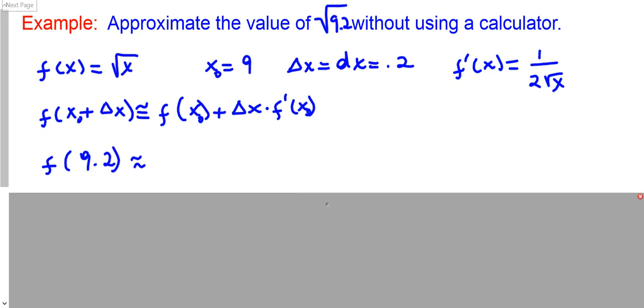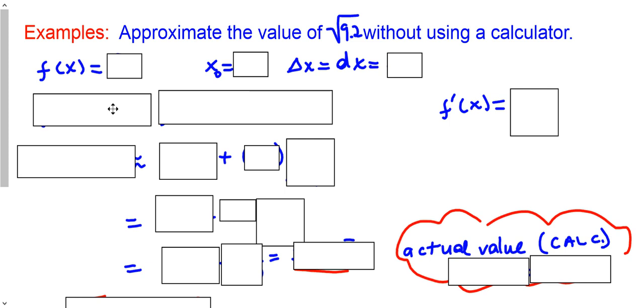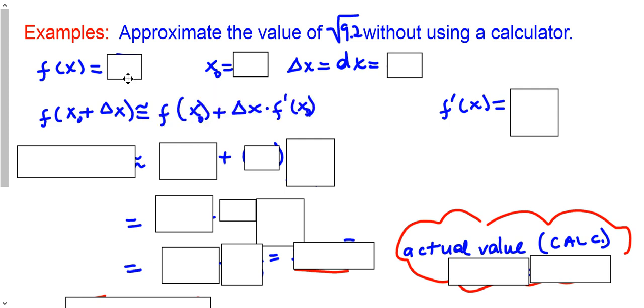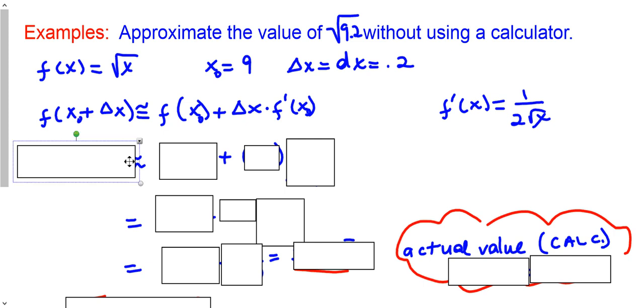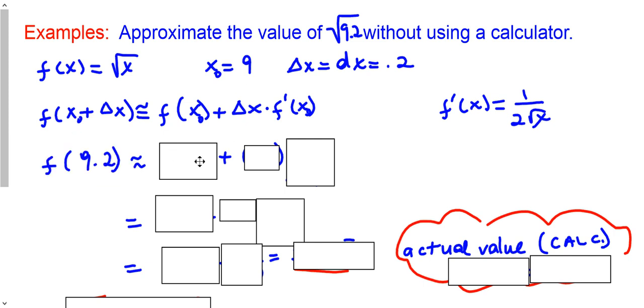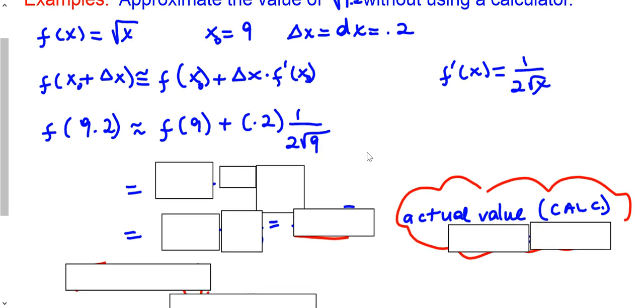And for that, I'm going to go to my next slide. So we already know many of these from the last page. All right, so first evaluate the function at 9. What is the square root of 9? That'll be 3. And then delta x is 0.2 and f prime of x sub 0. So I'm going to plug in 9 into the derivative equation to get this.